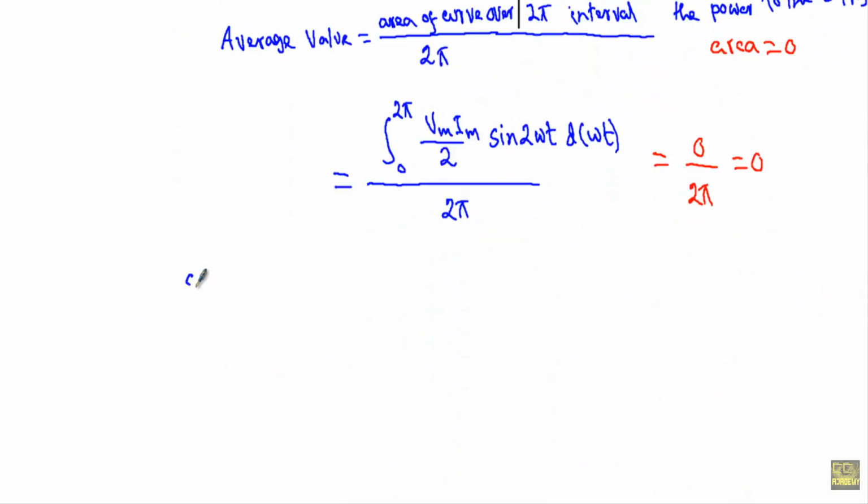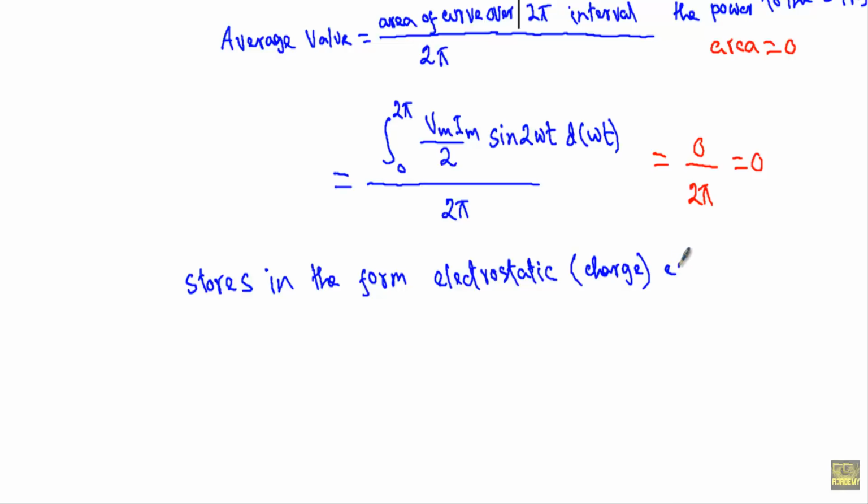Rather, our capacitor stores electrical energy in the form of electrostatic energy, or in the form of charges. Therefore, if I know the value of voltage across the capacitor, let's say the voltage is V, the energy stored in the capacitor will be half CV square. Okay, that's it. Thank you.